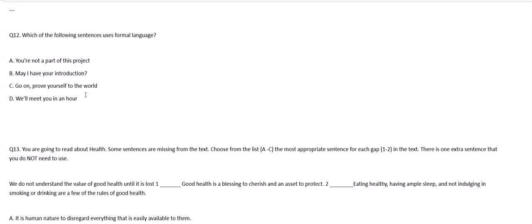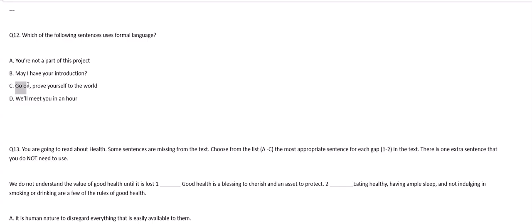If you see option C, it is, go on, prove yourself to the world. This sentence is a bit motivational, but it is highly informal. Why? Because in a professional way, we can say demonstrate your skills to the world.